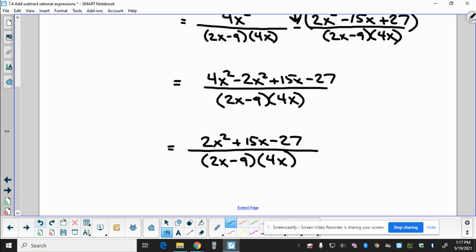Now, we may be able to factor that expression up there. So we got to do a little bit more work with this, I think. Okay, everybody, we're going to try to factor this. We'll do a slide divide.